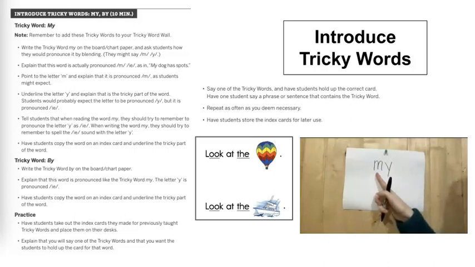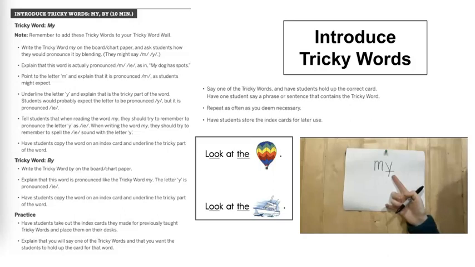This letter is pronounced m. We expect it to be pronounced as m, and it is. This is the tricky part of the word. We probably expect this letter to be pronounced y, but it isn't.